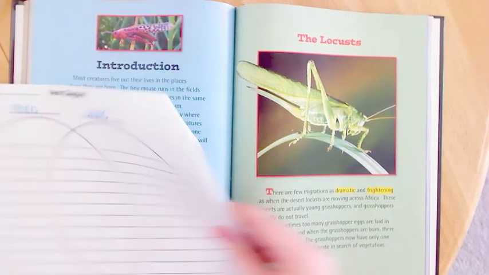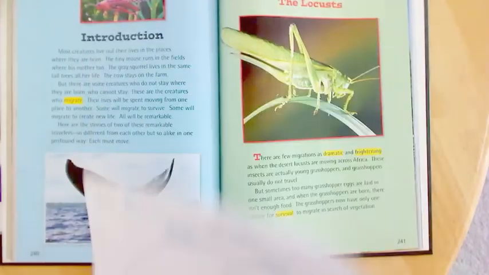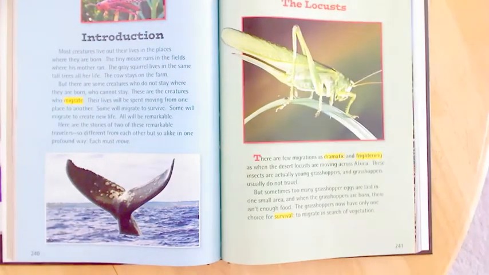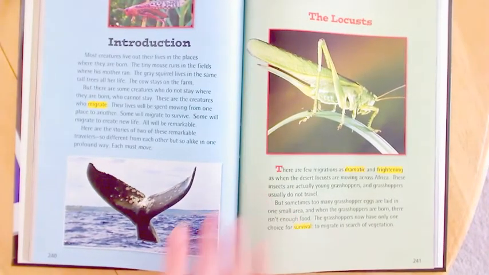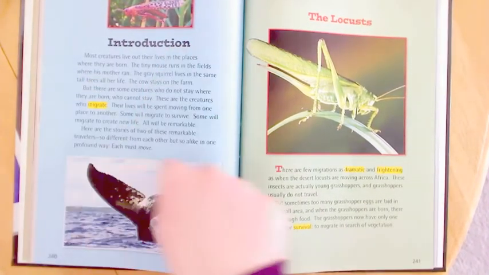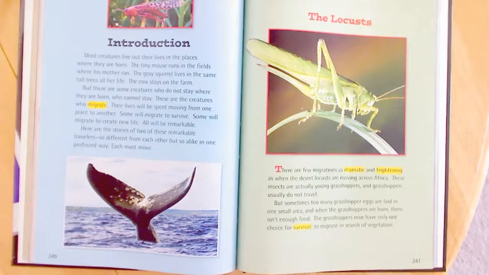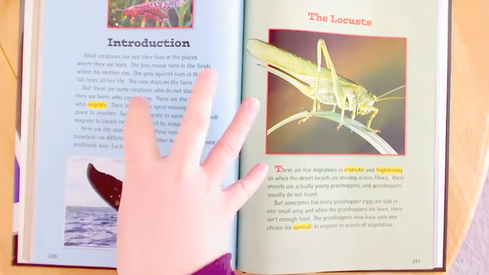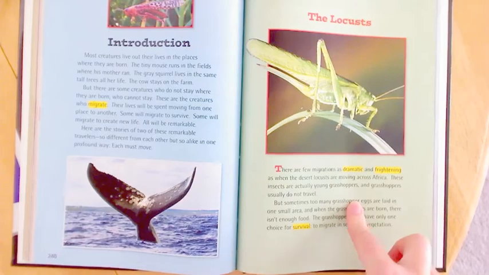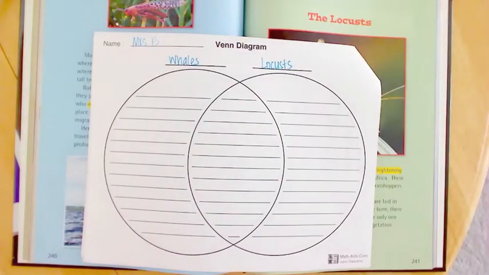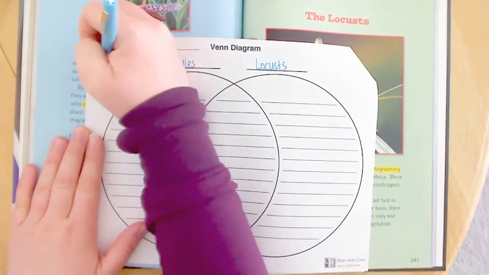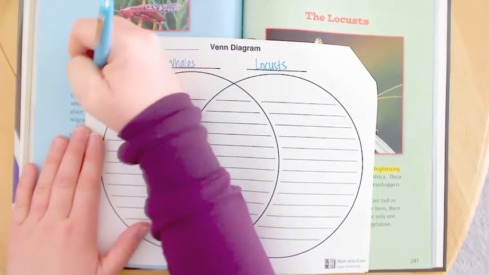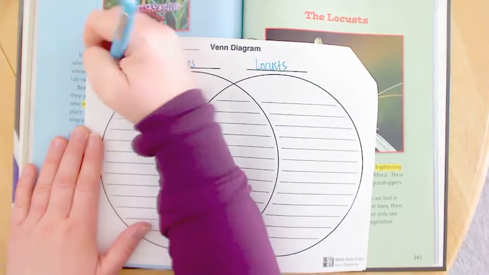First thing you need to do is read it. It is something that we've already read through as a class. We did this yesterday, but now we're going to dive a little deeper. You're reading specifically about how they migrate or don't migrate, but you're going to want to read whales, then read locusts, and I want you to come up with at least two things per category.